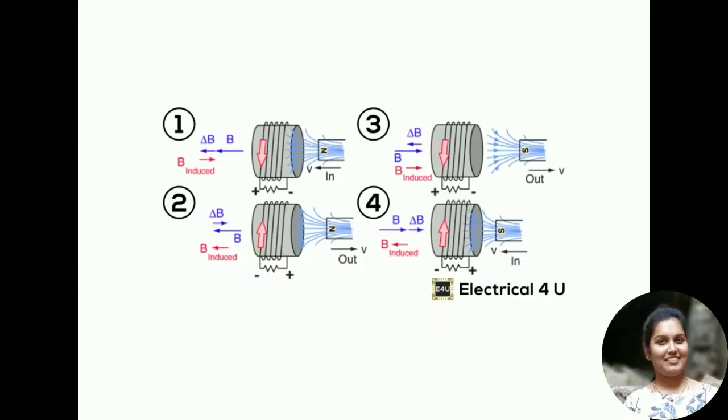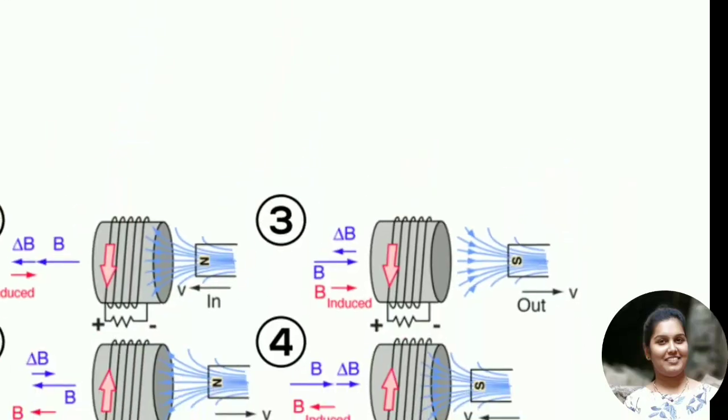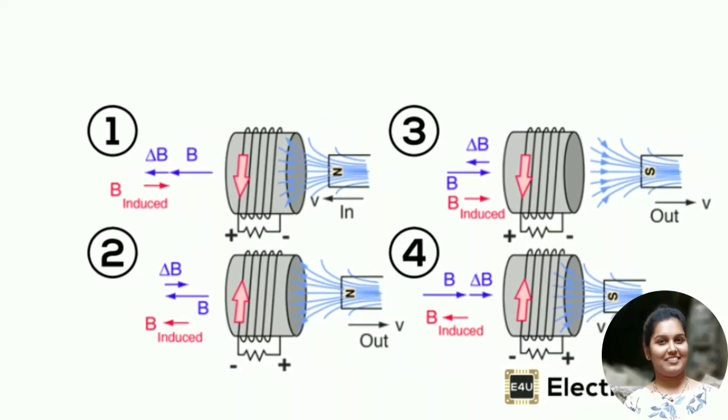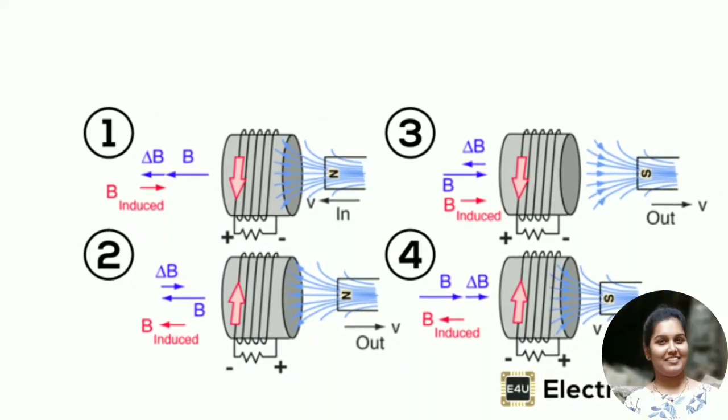In the example below, if the magnetic field B is increasing, which is shown in figure 1, the induced magnetic field will act in opposition to it. This can be observed in diagram 1: the induced field always opposes the magnetic field that originally created it.